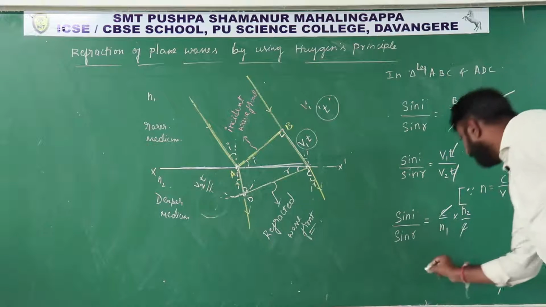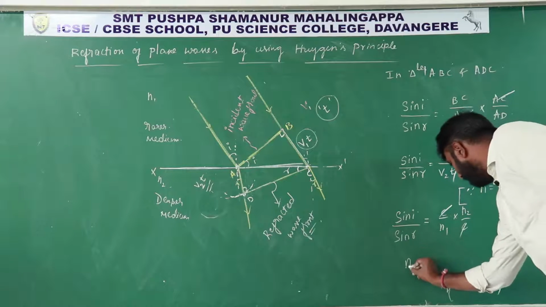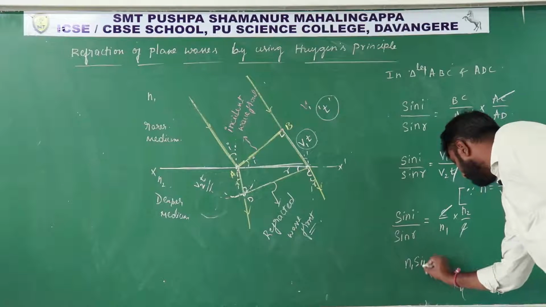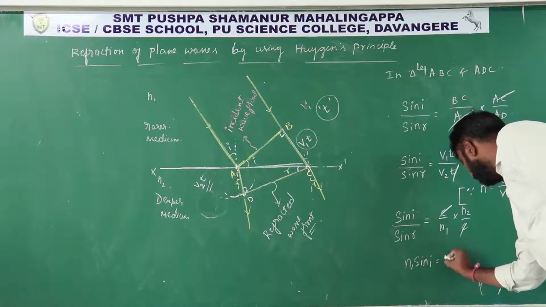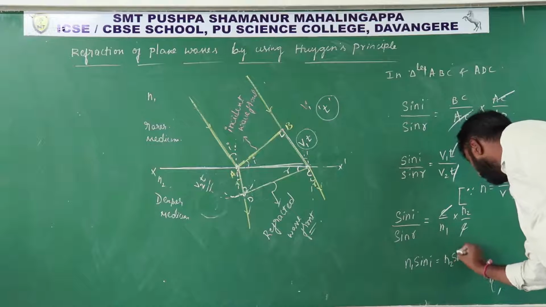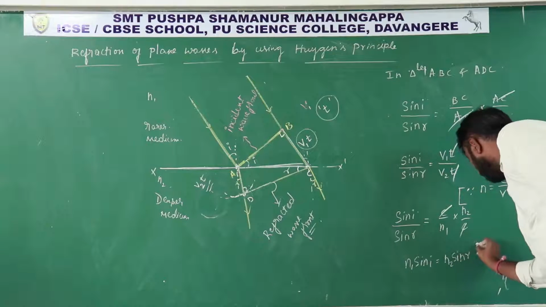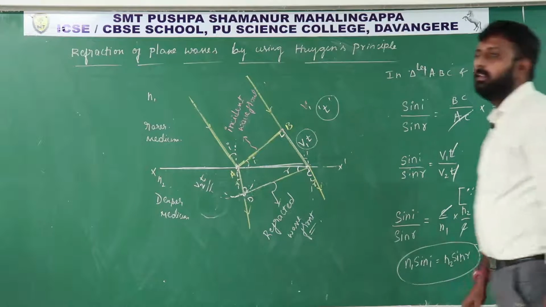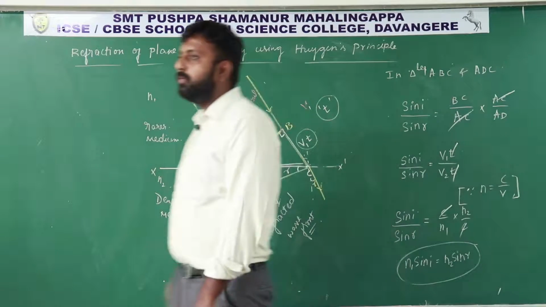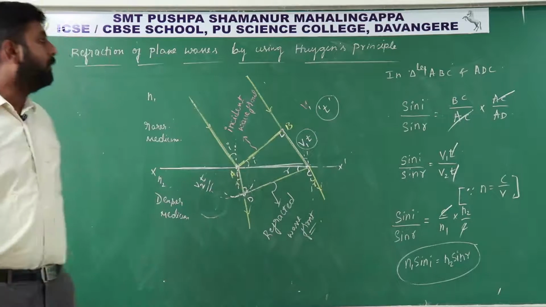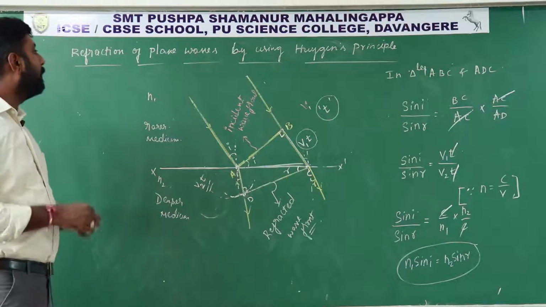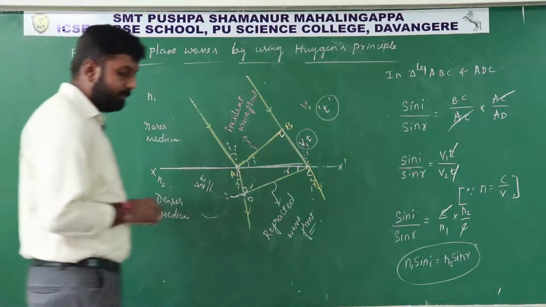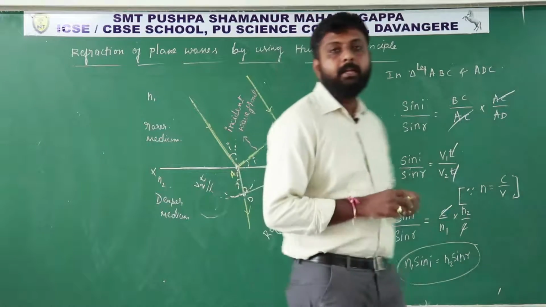That means you can write n1 sin I is equal to n2 sin R. Okay, this is what we have studied as Snell's law, isn't it? That is the proof. So we have proved the refraction phenomena by using Huygens principle or Huygens wave theory.